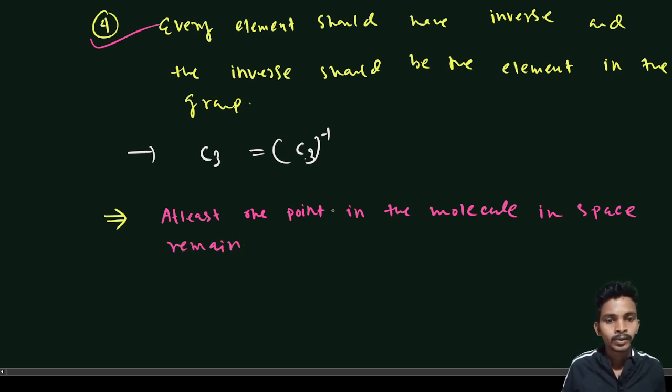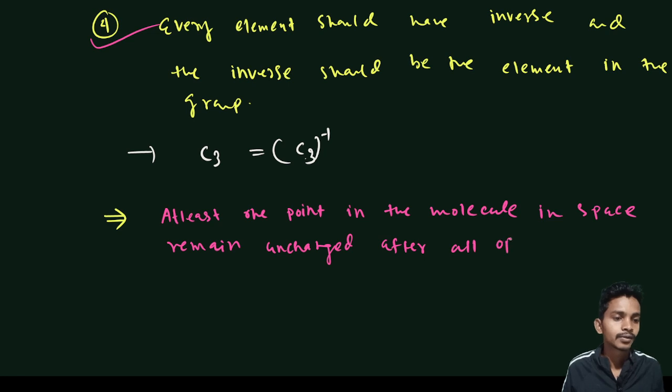So if that makes a group, then in that group at least one point in the molecule, in space, remains unchanged after all operations.